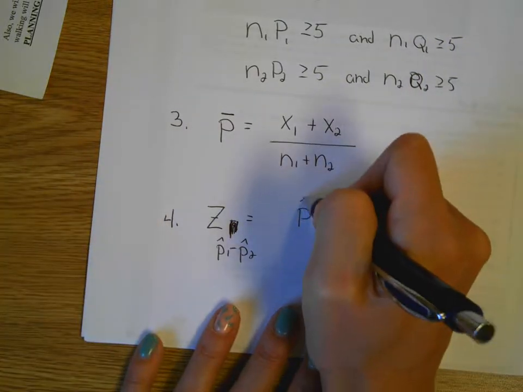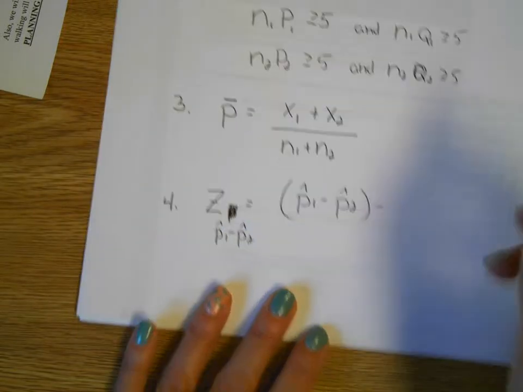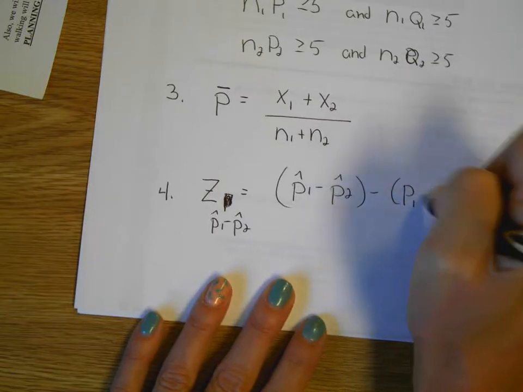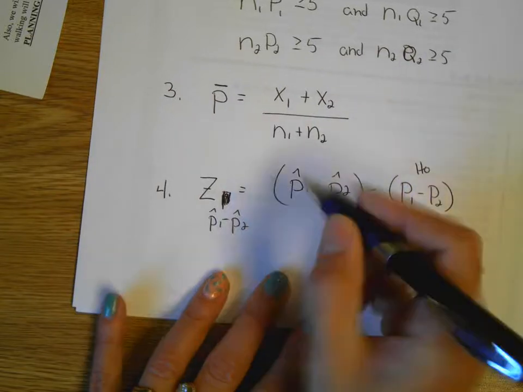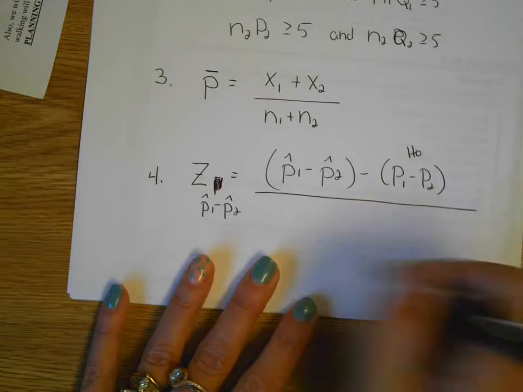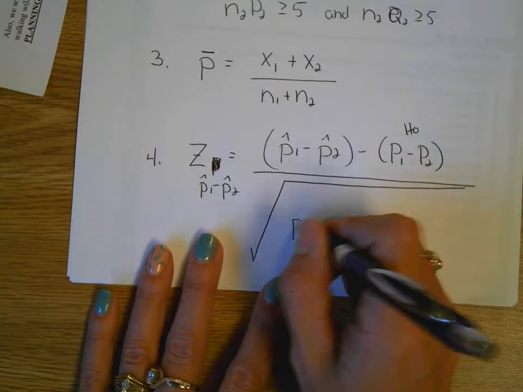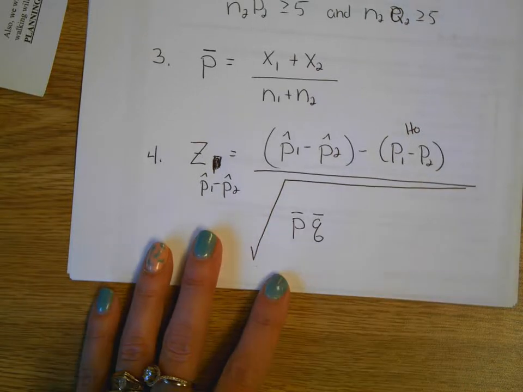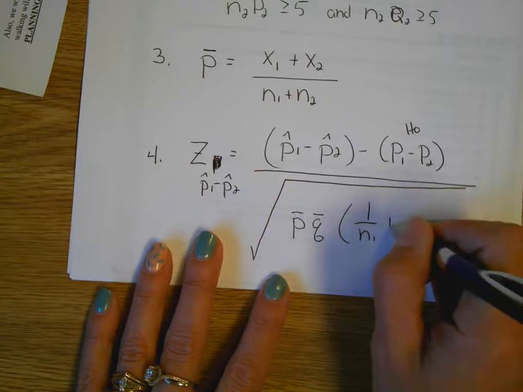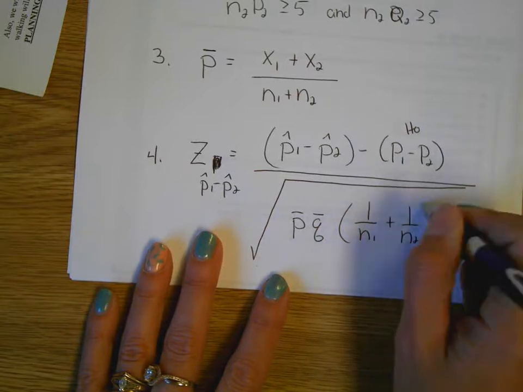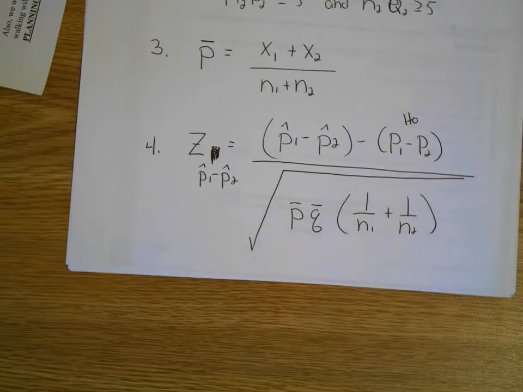Is P hat 1 minus P hat 2 over the square root of P bar, Q bar, 1 over N1 plus 1 over N2. Why do you always have to subtract? I don't make the rules.